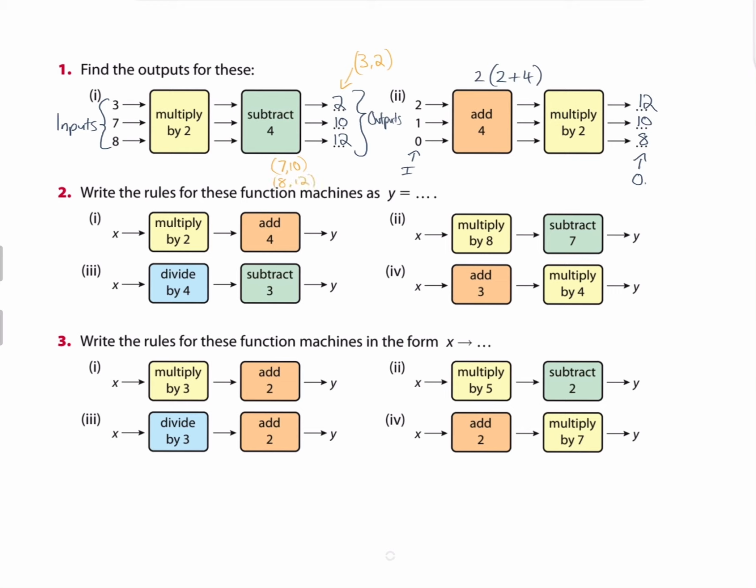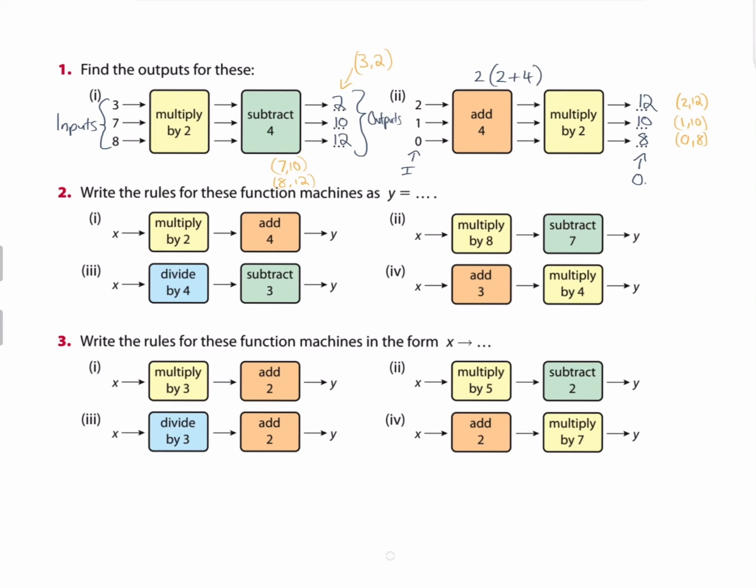And then over here on the right hand side, the first one is 2 and 12. The second one is 1 and 10. And the third one is 0 and 8. Okay, so they're all the couples. Now we didn't have to do that. I just did that now. It's good to get in the habit of doing it.